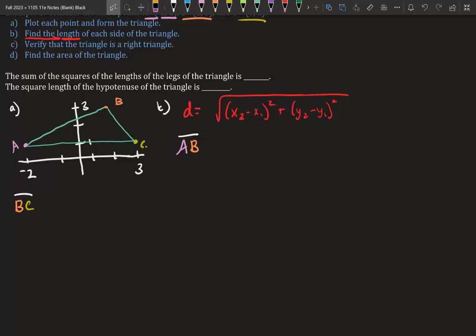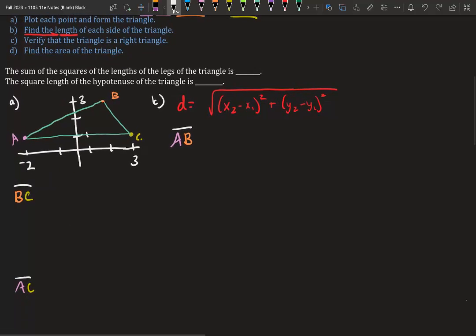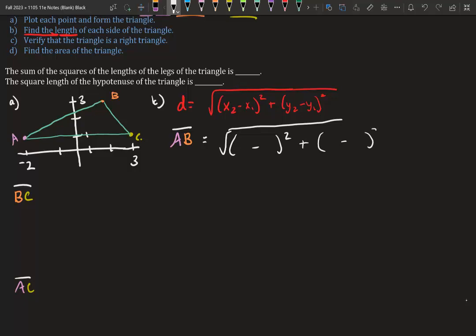But let's say A to C because alphabetical order, it just looks better. And finding the segment is just saying find the distance between the points. So let's find the distance between every single one of these points. As always, though, we're going to fill out a template. So blank minus blank squared plus blank minus blank squared.